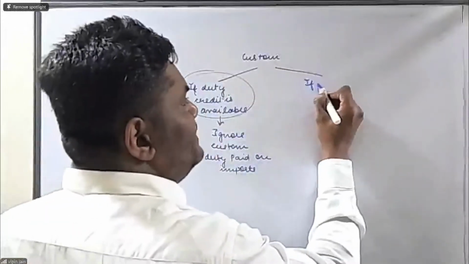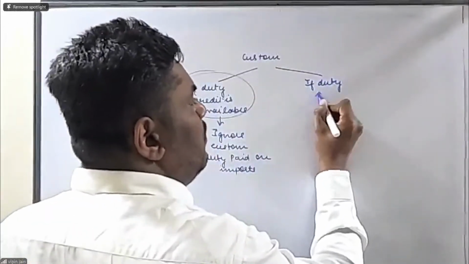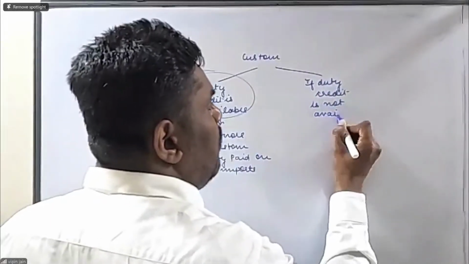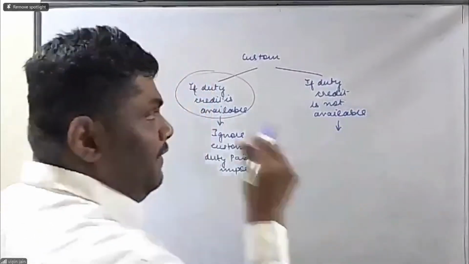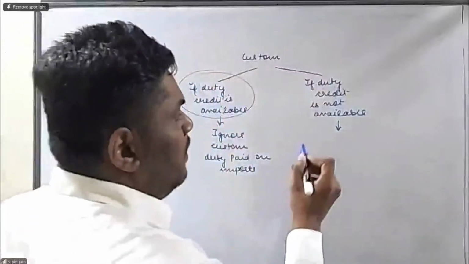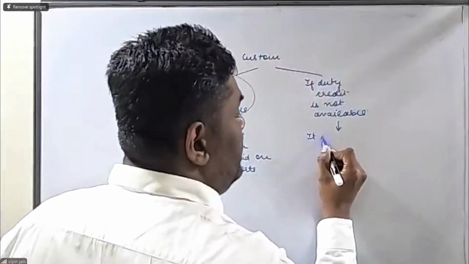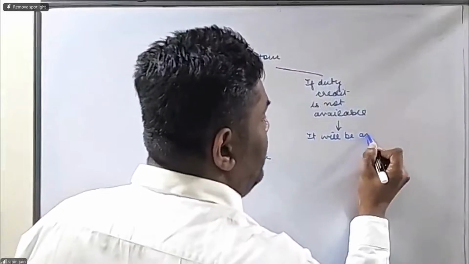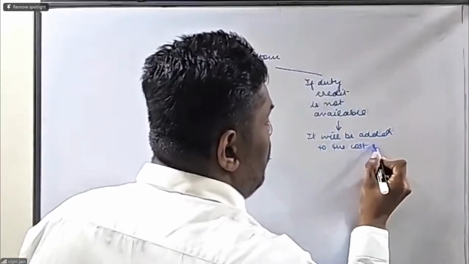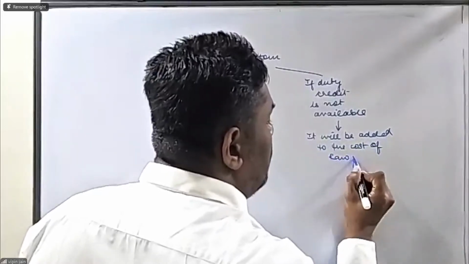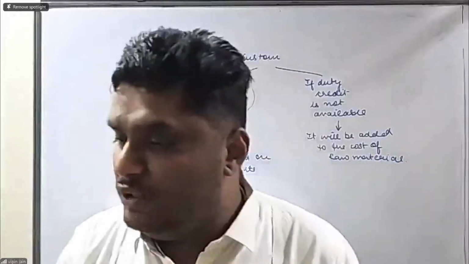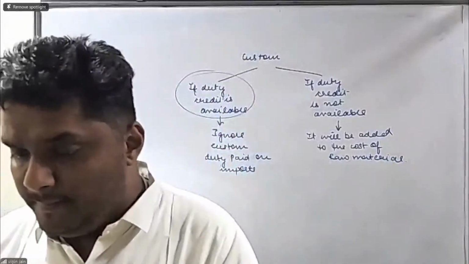However, if duty credit is not available, add the custom duty paid to the cost of raw material. So the concept is the same, just like GST. Those who want to copy it can please copy.